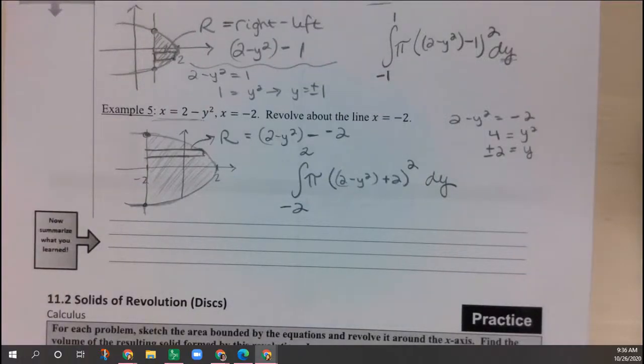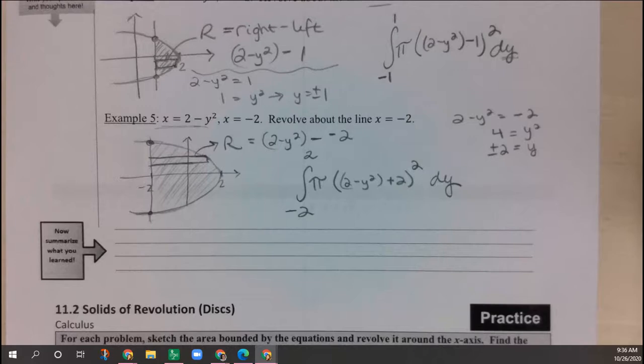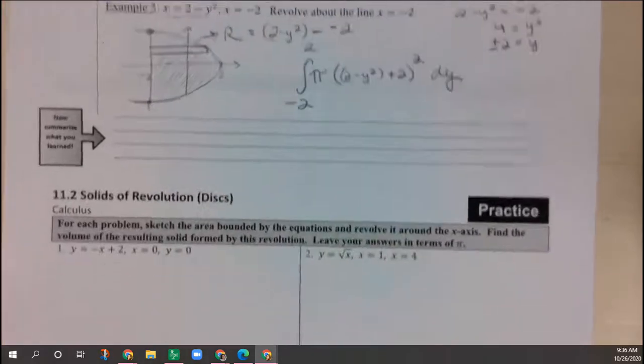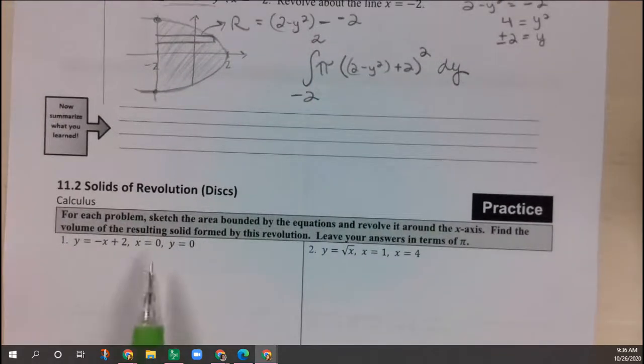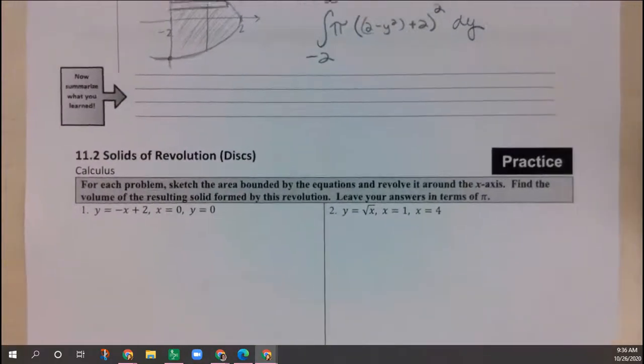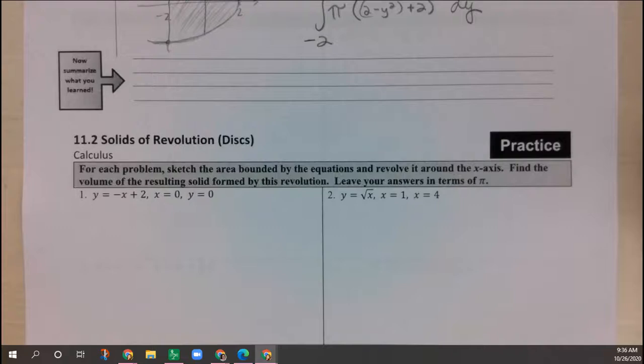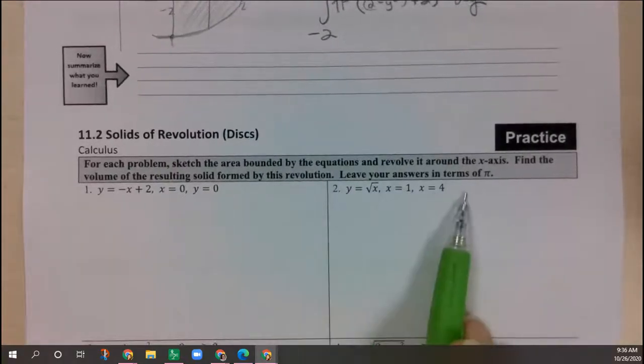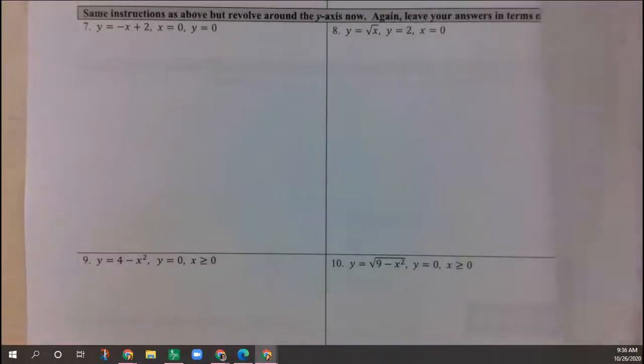All right, hopefully those give you some good idea about how to set up these integrals. In some of these questions down here in the homework, it is going to ask you to go ahead and integrate, but these are polynomials, should be fairly simple to integrate when it's asking you to actually evaluate the integral.